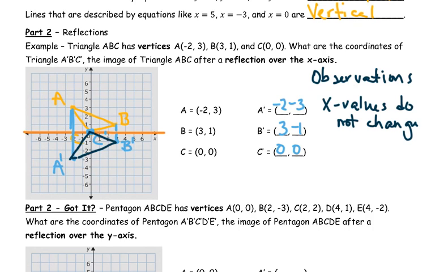But the y values, if you take a look at those, we went from 3 to -3, from 1 to -1, and 0 to 0 didn't change because it was on that line. The y values become the opposite. Now we're not going to say negative, we're going to say opposite. So the y values become opposite.